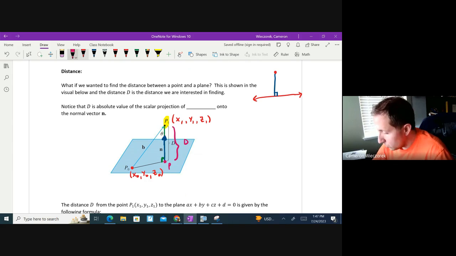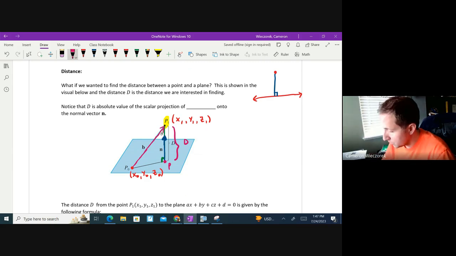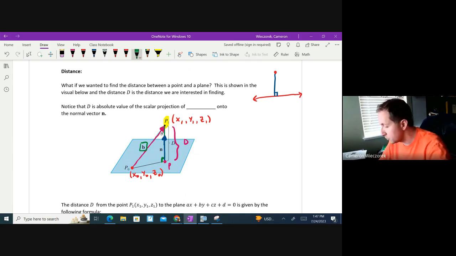Well, the way that we go about doing that is we really focus on the vector from P naught to P. So we're looking at the vector that starts at P naught and moves in the direction of P. And what we're going to do is project that vector, I'm sorry, P naught P1, not P naught P. To make labeling easier, let's just call that vector B. I want to project that vector onto the normal vector, and I want to measure the size of that scalar projection.